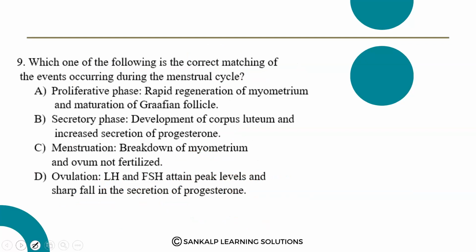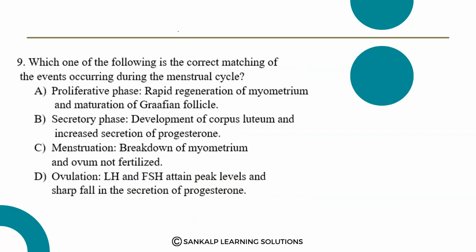Which one of the following is the correct matching of the events occurring during menstrual cycle? So we know the events which occur during menstrual cycle, so which is the correct match they are asking? Option A, proliferative phase, rapid regeneration of myometrium and maturation of Graafian follicle.